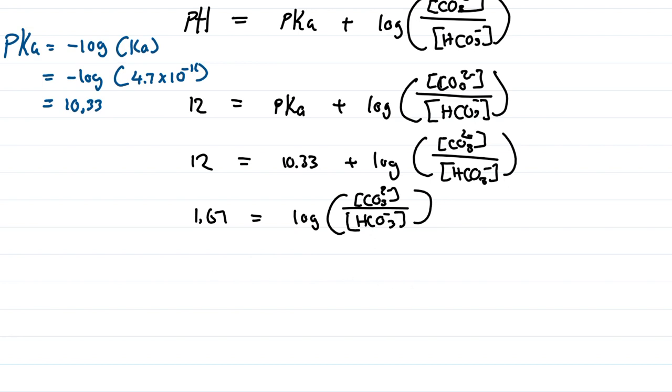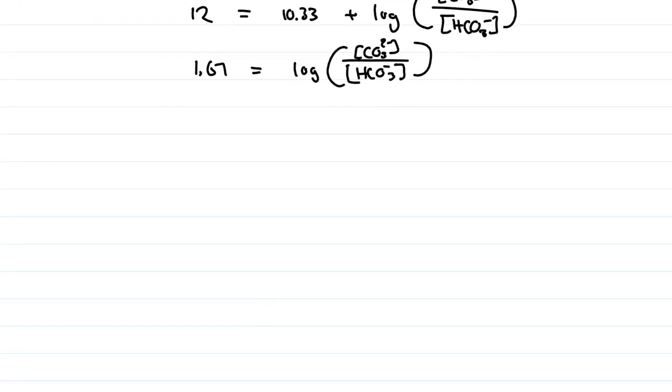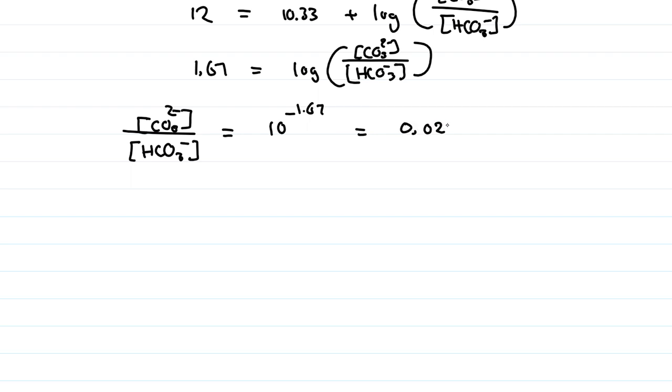So to get that ratio, we can just do this. The concentration of the base over the concentration of the acid is equal to 10 to the power of negative 1.67, and that gives us a value of 0.0214.